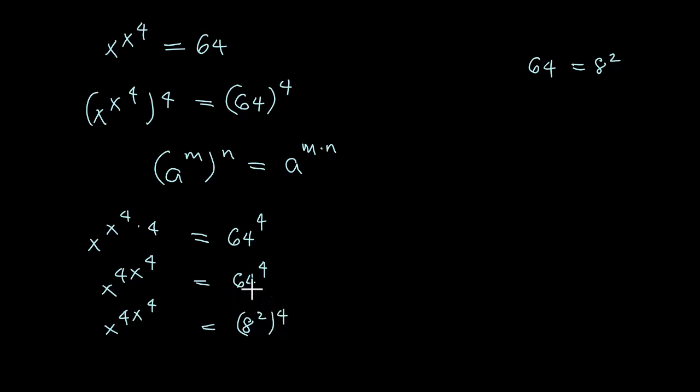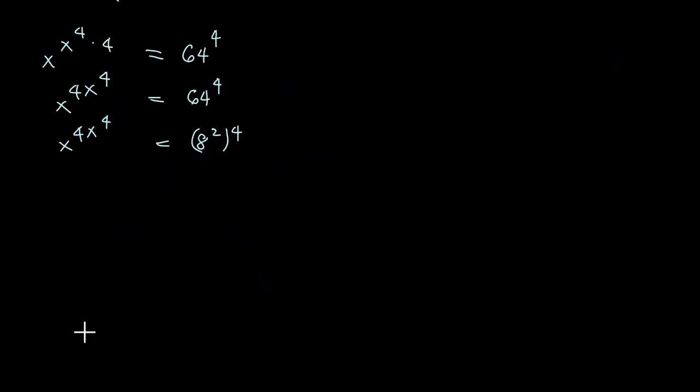So I'm going to use the same law we applied earlier. Remember we said when you have a raised to power m being multiplied by raised to power n, you simply open the brackets and multiply the powers like this, m times n. I'm referring to the right hand side here.